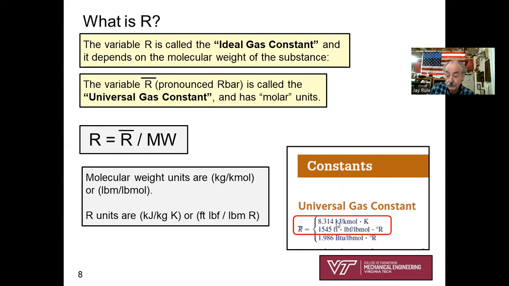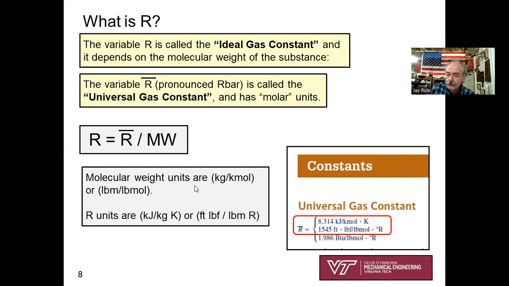So you should commit R bar to memory, both in SI and English units that I've circled. But then at a minimum, you've got to get that on a formula sheet if you're allowed to have a formula sheet.